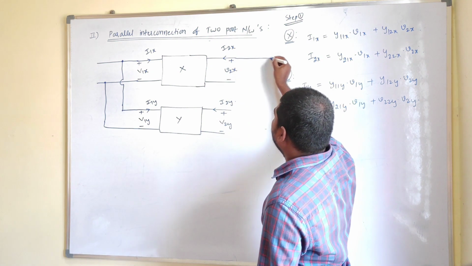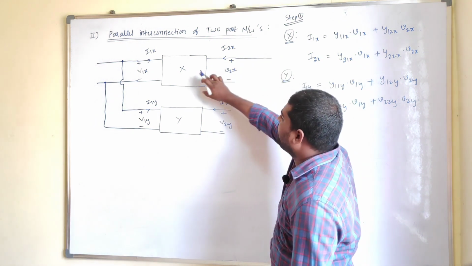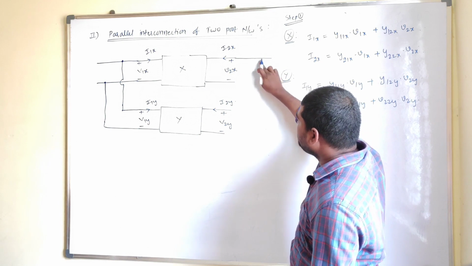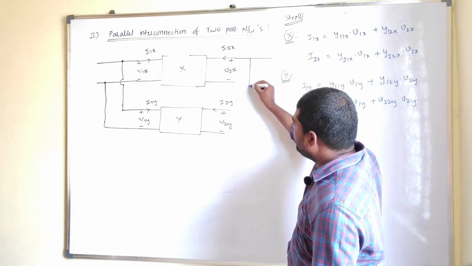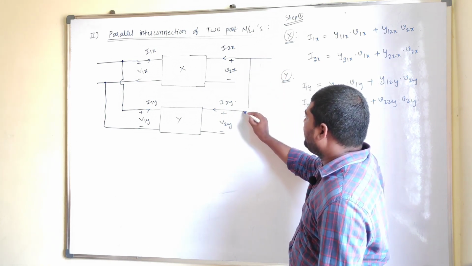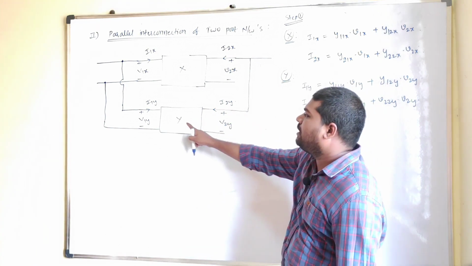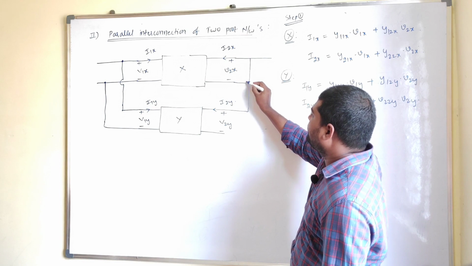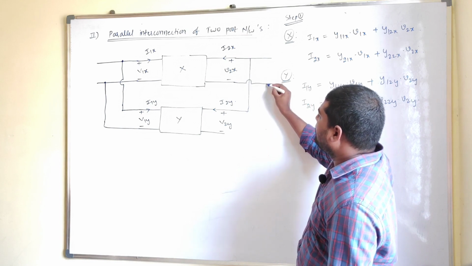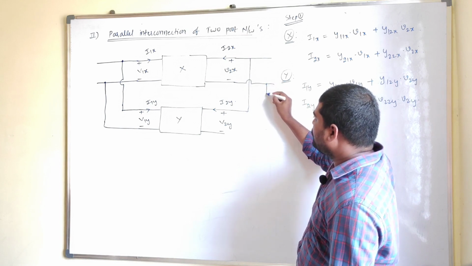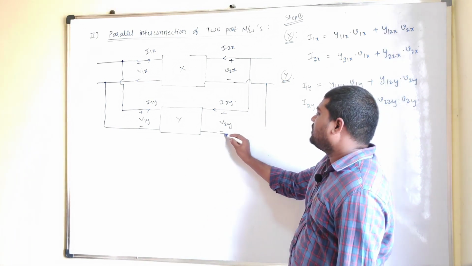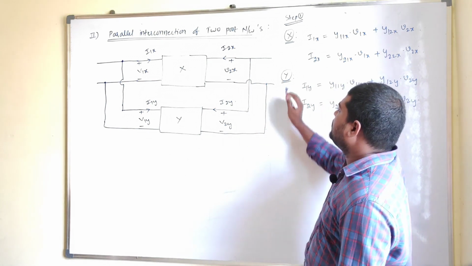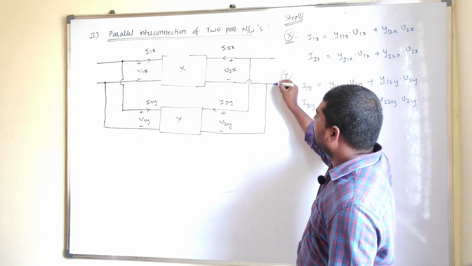In the same way, you can connect port 2 also. The first terminal of the X two-port network at port 2 is directly connected to the first terminal of the Y two-port network, and the second terminal of the X two-port network is connected to the second terminal of the Y two-port network.